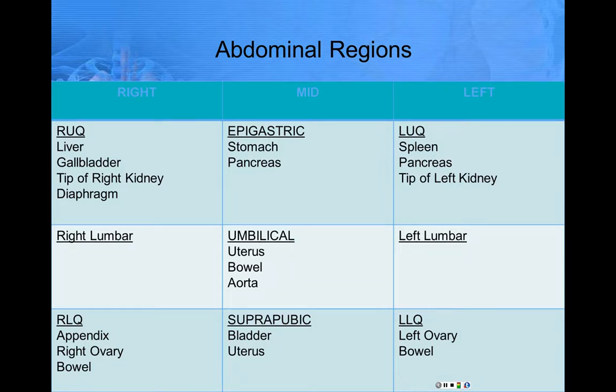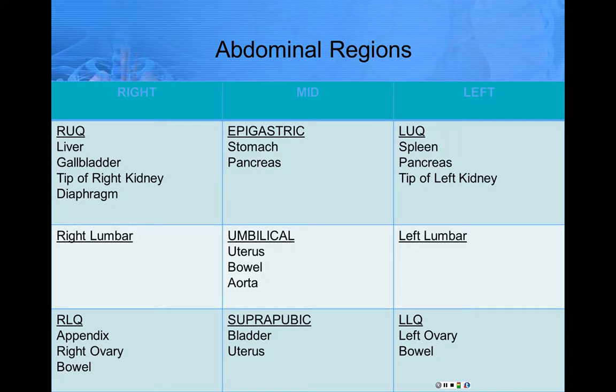So in the right upper quadrant, we have the liver, the gallbladder, the tip of the right kidney, and the diaphragm. Epigastric area is where we encounter issues with the stomach and pancreas. Left upper quadrant, spleen, and part of the pancreas and tip of the left kidney. In the right and left lumbar, very few organs are really located there.